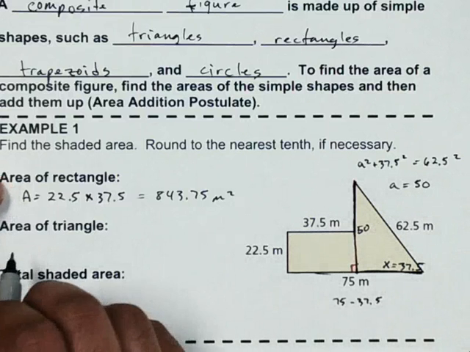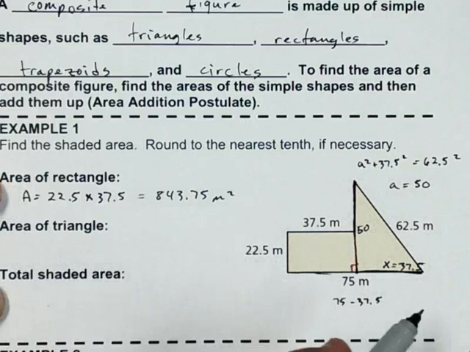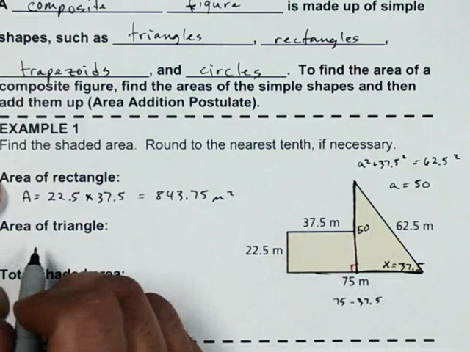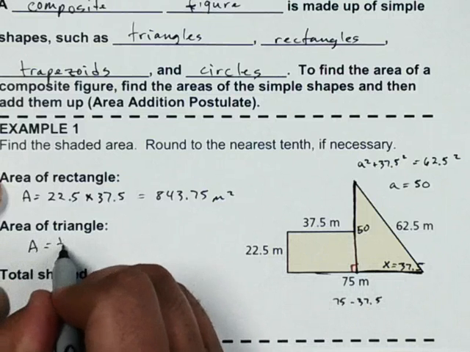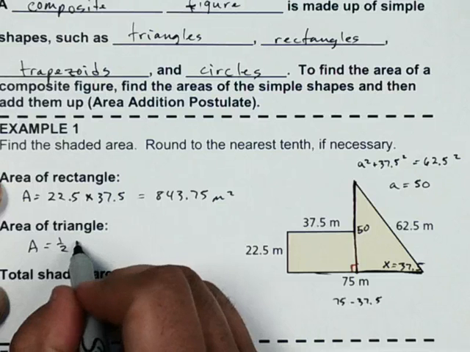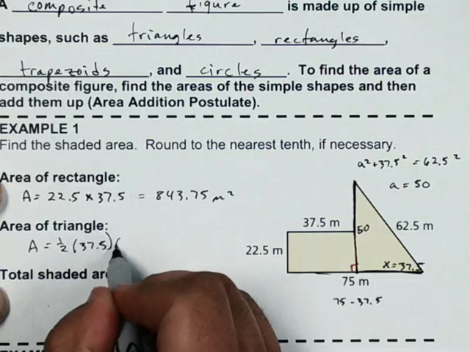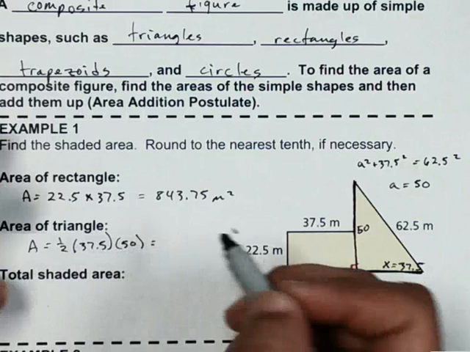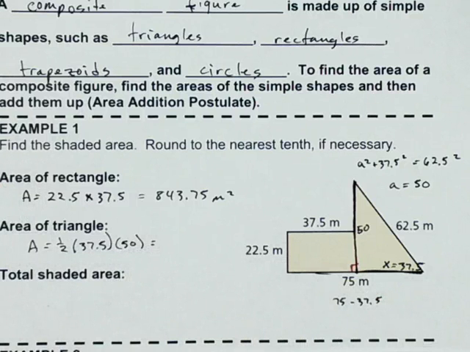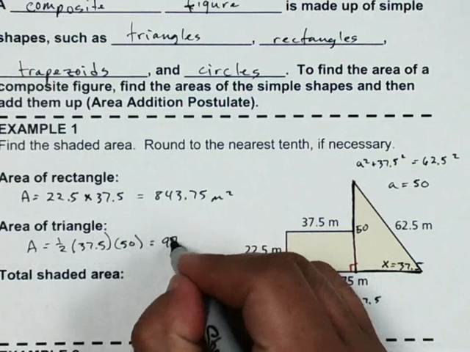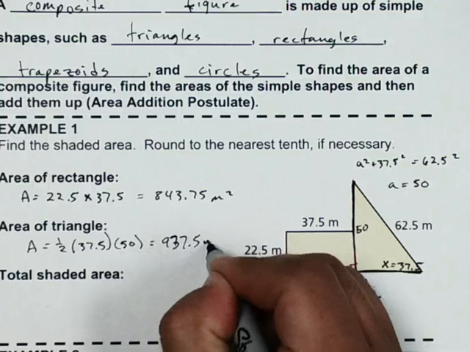Now I can find the area of this triangle. Area is equal to 1/2 of my base, which is 37.5, times my height, which is 50. And that comes out to be 937.5 meters squared.